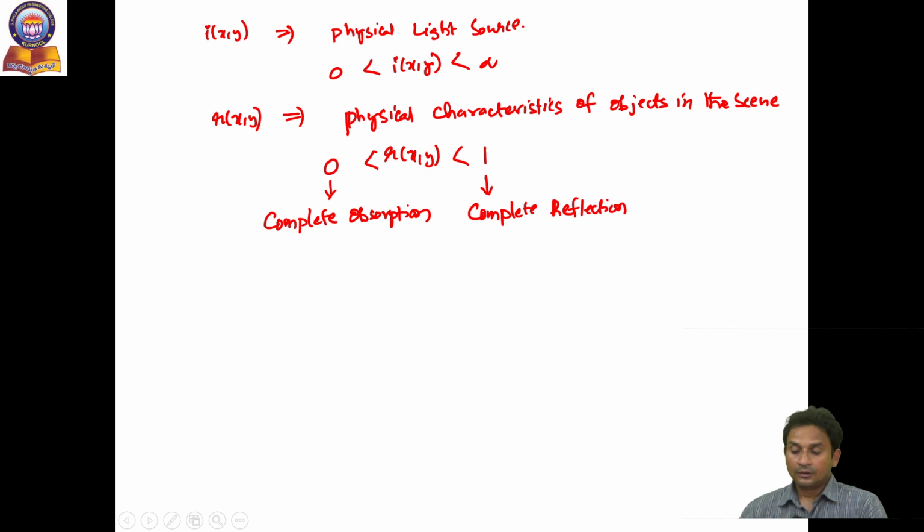Since we'll be dealing with only monochromatic images, the value of the monochromatic image at any pair of coordinates x0, y0 is called gray level.